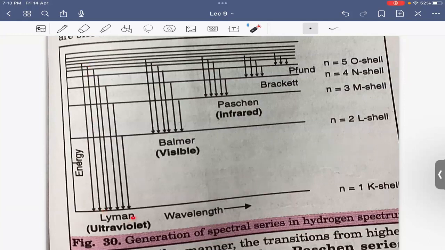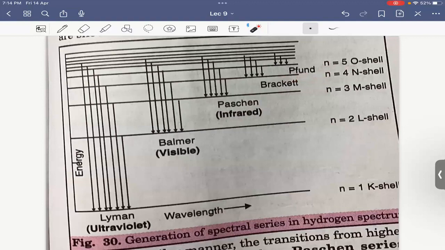In such cases we call this a Lyman series, right? And when it goes to n equal to 2, then it's a Balmer series. Similarly, when it falls from any energy state directly to n equal to 3, we call it Paschen series. Similarly, when n is equal to 4, it's Brackett, and when n is equal to 5, it's Pfund, right?